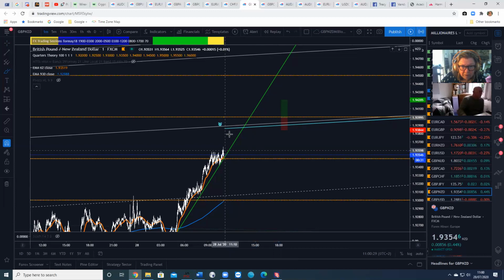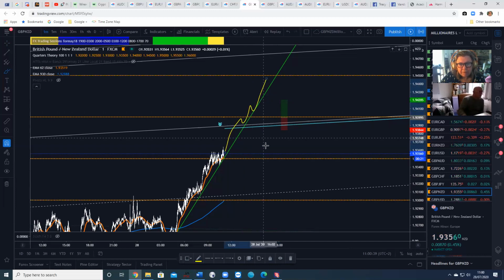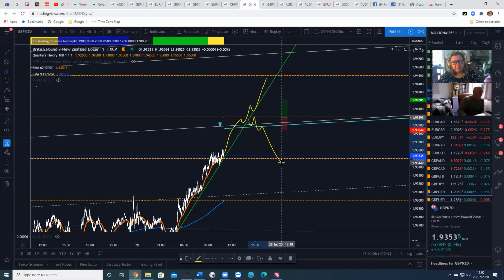So you want to see it come up, break and retest the pitchfork, then break and retest that 1 minute trend line and then go. If it carries on, otherwise if it's going to be a sell, it will then turn around at some point and come down like that, in which case you'll be looking for the sell.